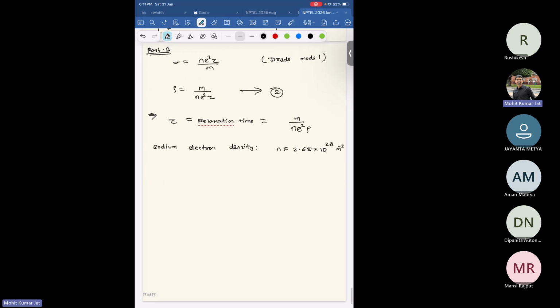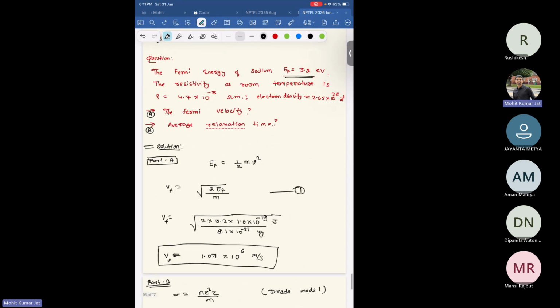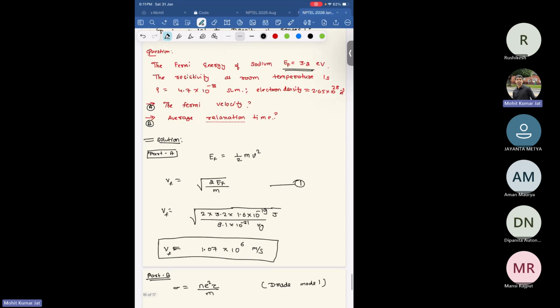So this is the sodium electron density. You substitute the values: 9.1 into 10 power minus 31 kg, divided by n, which is 2.65 into 10 power 28 per meter cube, times 1.6 into 10 power minus 19 squared, times your resistivity, which is given in the problem as 4.7 into 10 power minus 8 ohm meter.